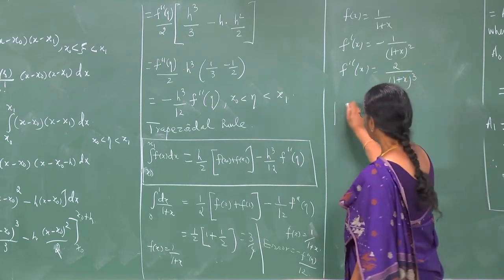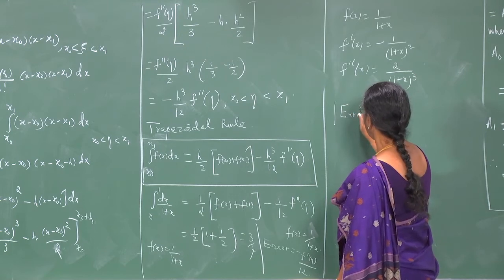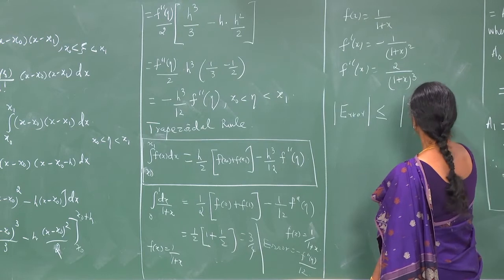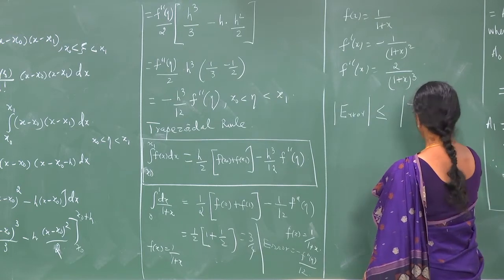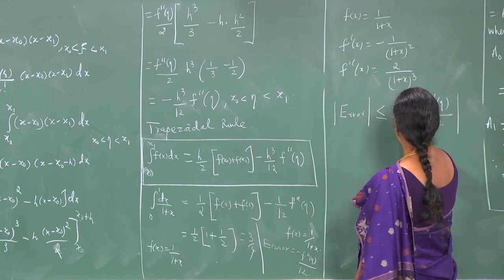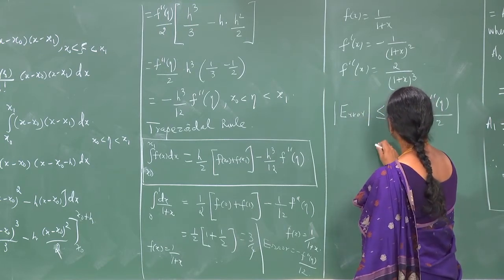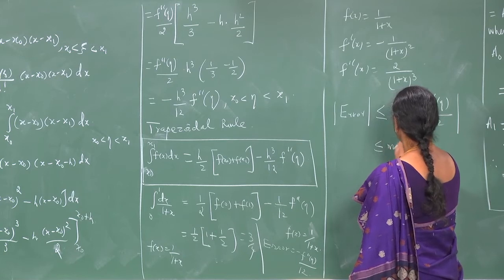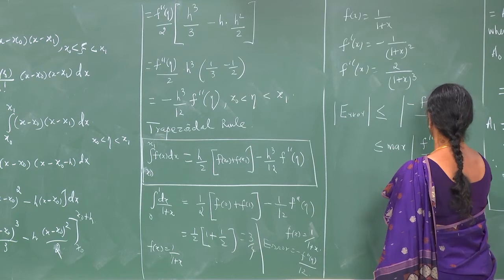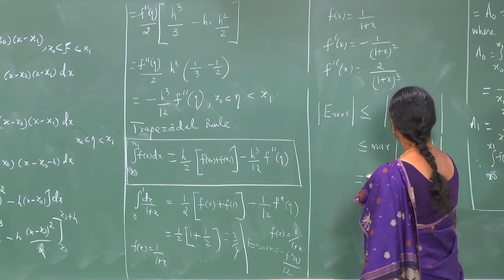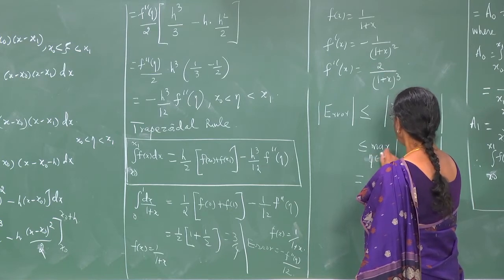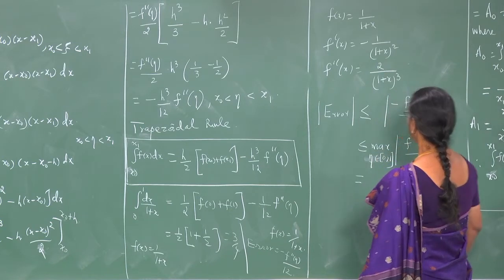So, if I want the bound on this error, then this will be minus f double prime eta by 12, and so I observe that this will be less than or equal to the maximum of f double prime of eta by 12, and so for maximum I take this eta belonging to the interval 0 to 1.